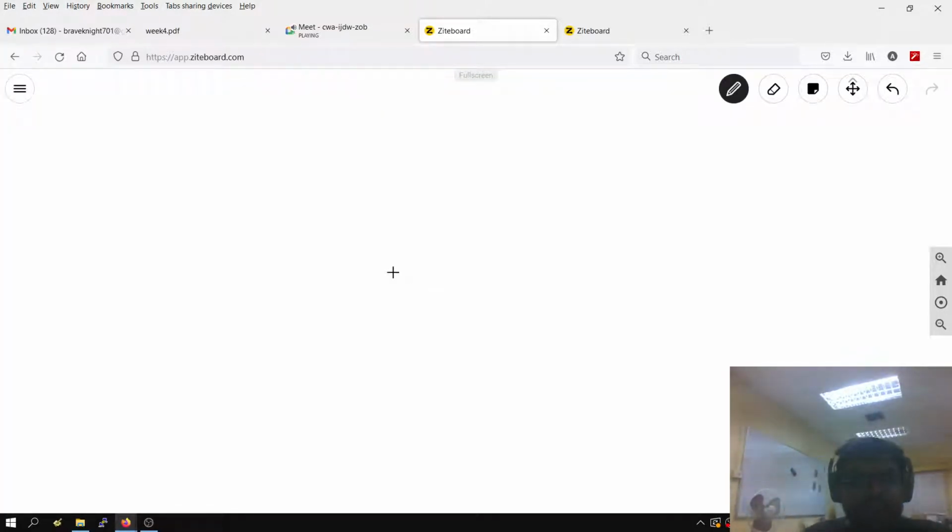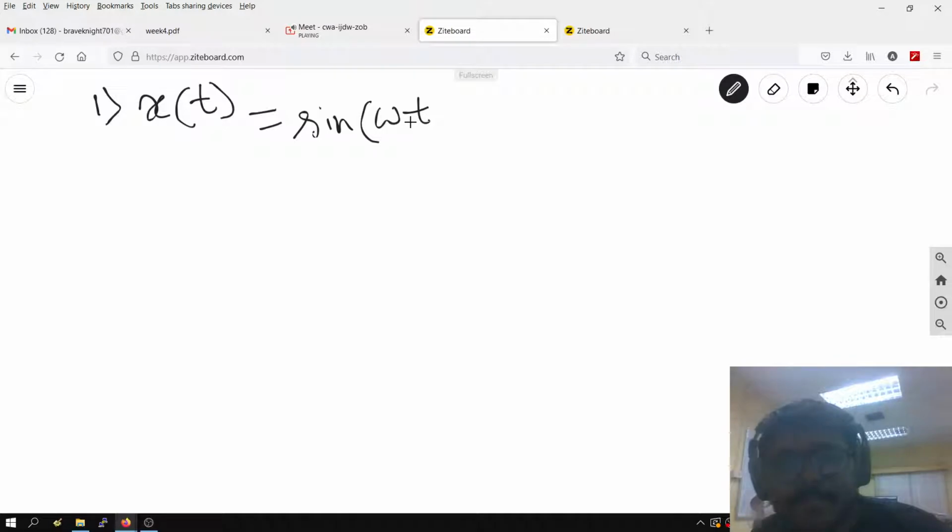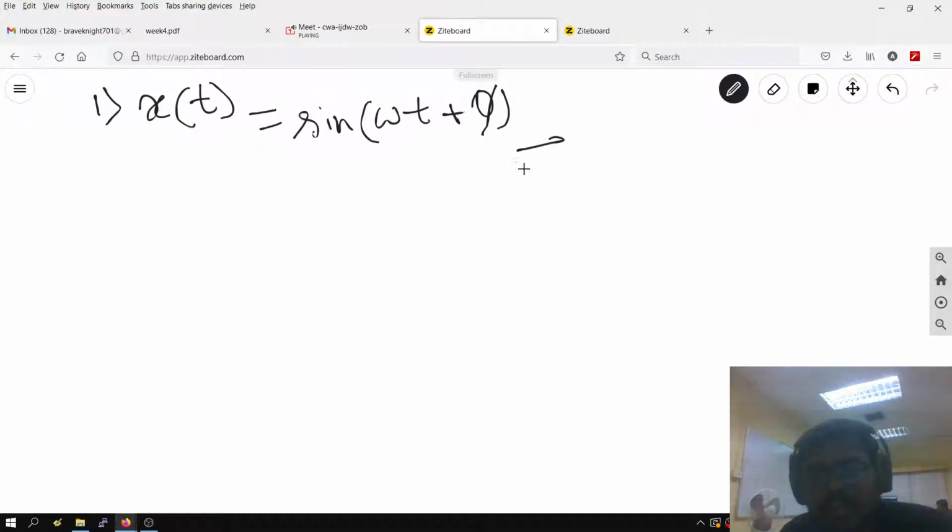So the first question is, there is a signal x(t), and this is sine of omega t plus phi, and this phi follows a uniform distribution from 0 to 2 pi.